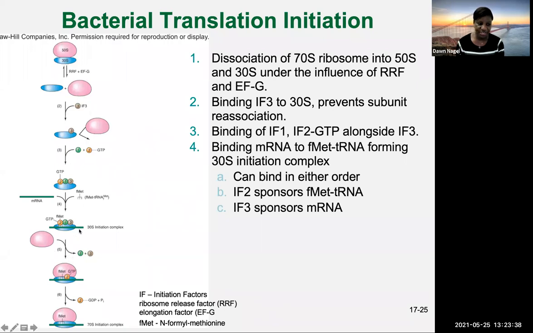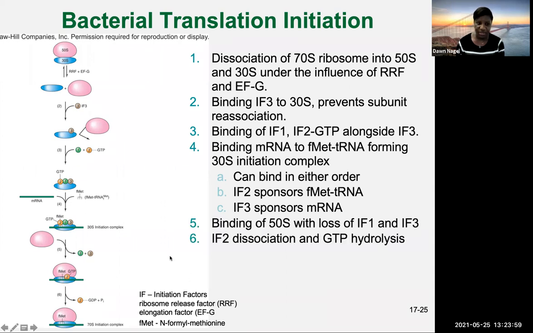And once this is assembled, then the large subunit can come in, but it comes in when initiation factors 1 and 3 get removed. This is now free to assemble here. So this initiation factor 2, in a way, recruits the binding of the 50S with the loss of these two.